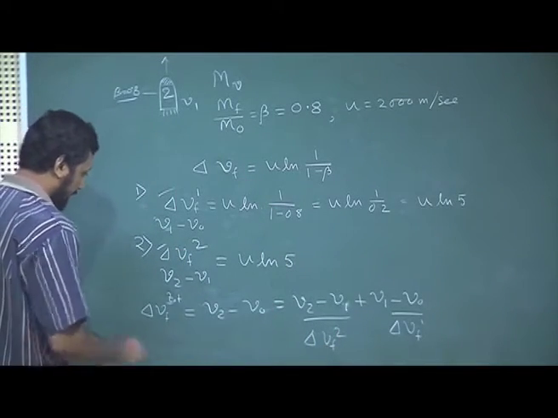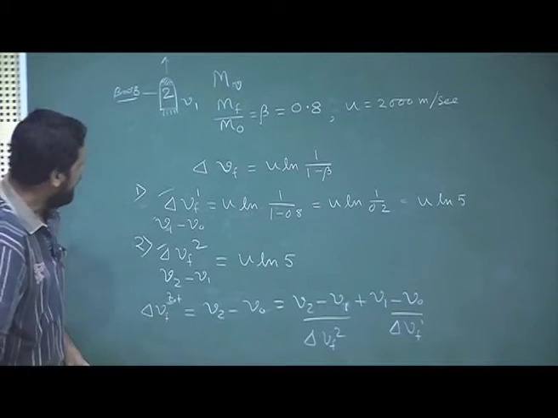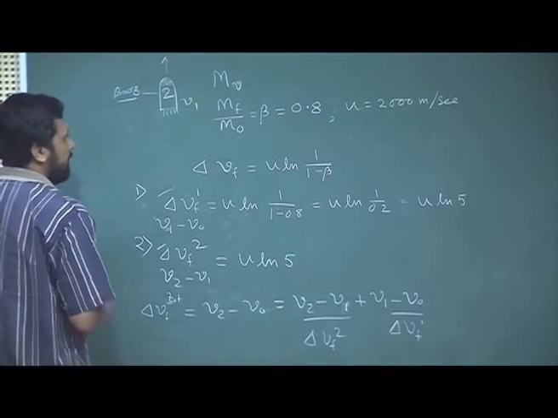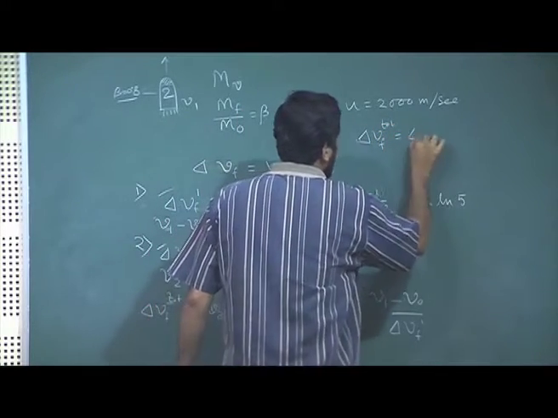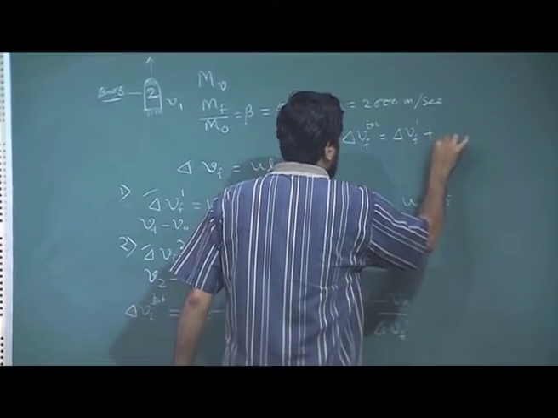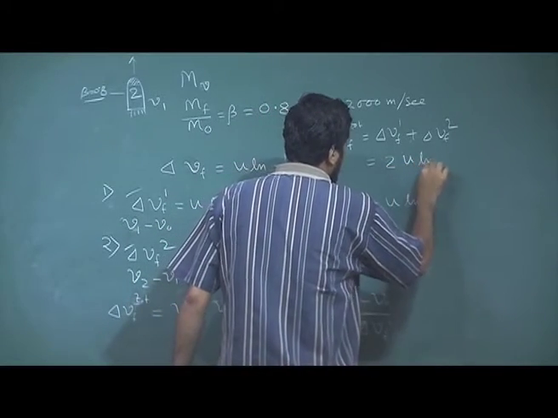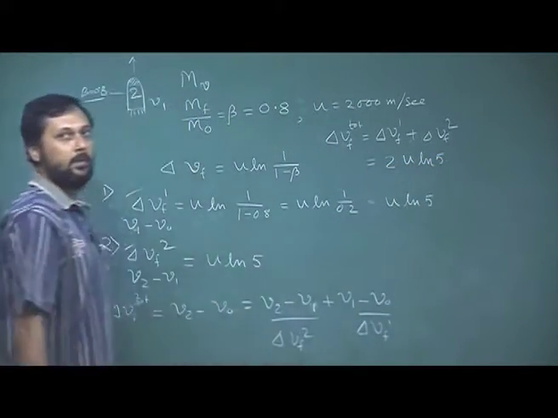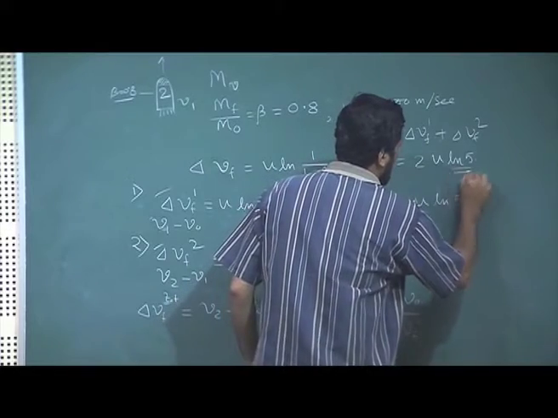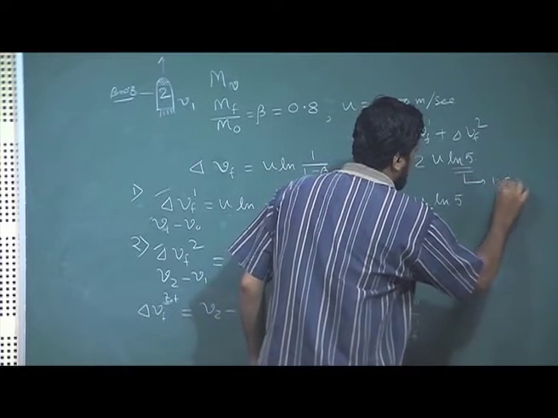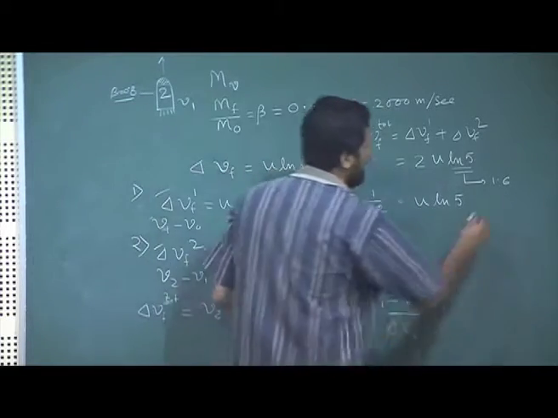Okay. So essentially the total velocity change is a summation of delta V_f1 and delta V_f2, and if we do that, we see that delta V_f total is equal to delta V_f1 plus delta V_f2, which is equal to 2 times u ln 5. Okay. Now, it so happened that ln 5 is equal to, I think, 1.6 something, yeah, 1.61 approximately.